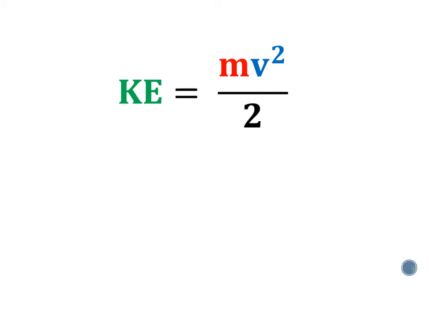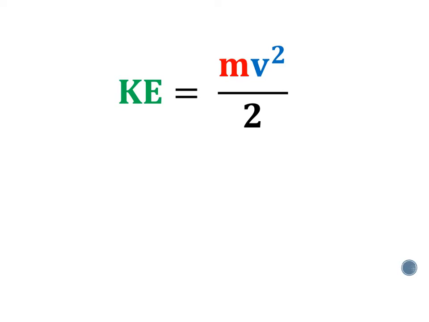So now we're going to look at using kinetic energy to find mass. The very first thing that we're going to do is to rearrange our basic equation to solve for mass. Because you've got this divided by 2, you want to get rid of all of your fractions.